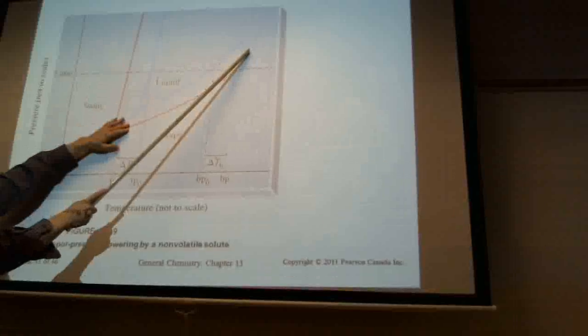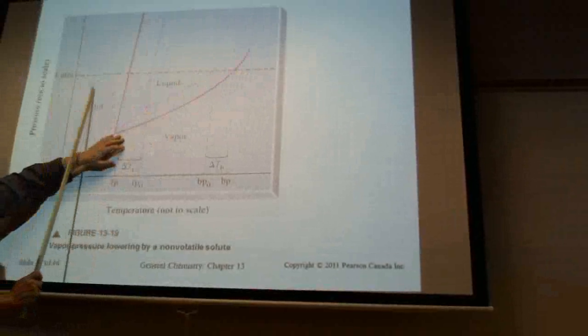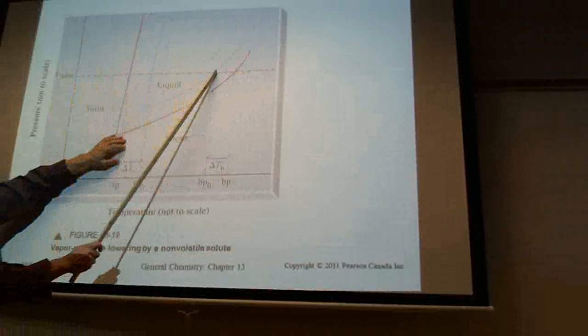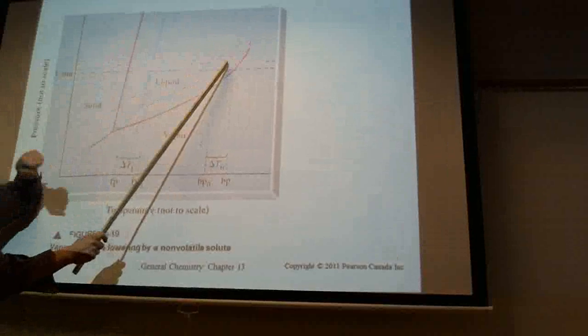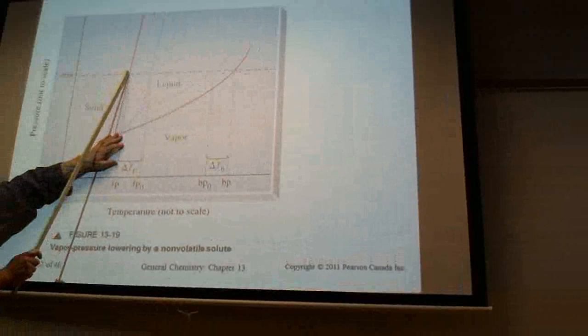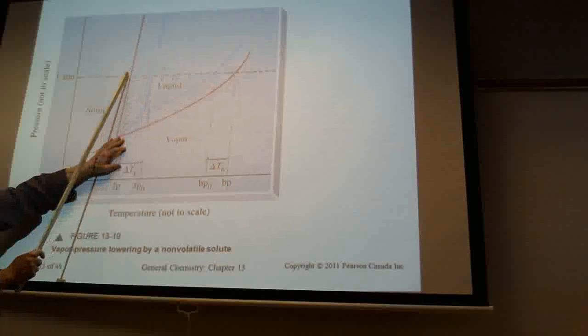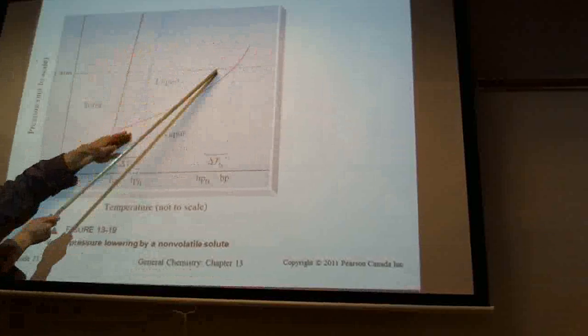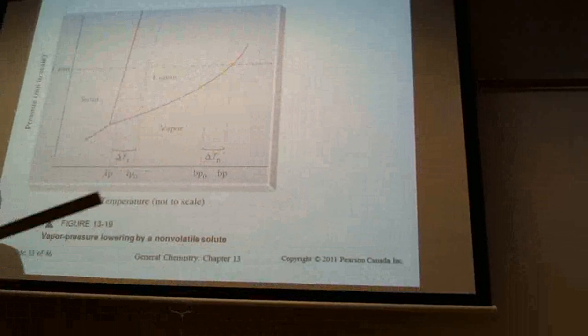You add solute, the vapor pressure drops. When the vapor pressure drops, the boiling point changes. Originally the boiling point was here, new boiling point's here. And the freezing point, the melting point, changes. The melting point originally was here at the blue, but now it's here because the whole vapor pressure curve dropped. So these are colligative properties.